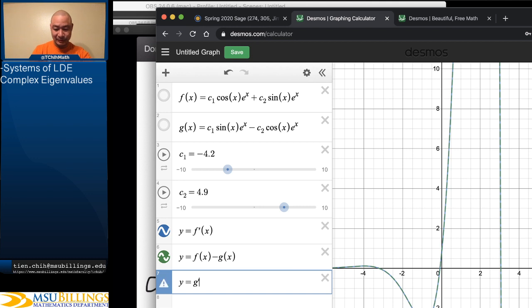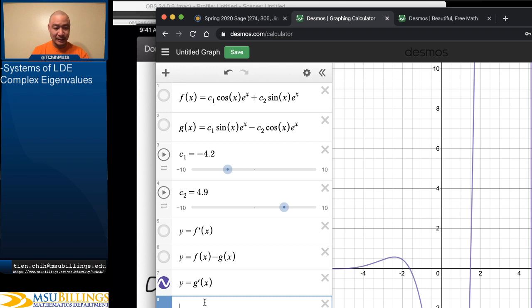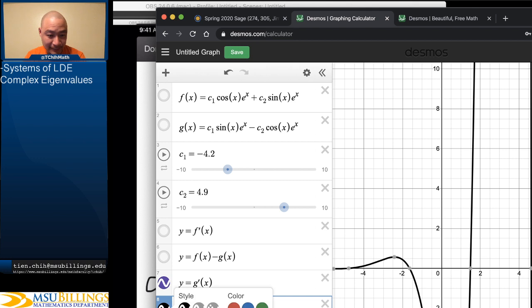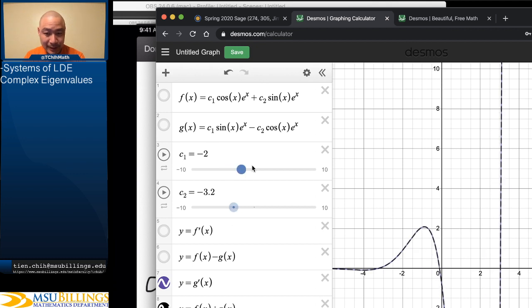The next thing to check then would be g prime of x, so let's uncolor those, and let's compare that to f of x plus g of x. And again, that looks like it falls right on top. Gonna go ahead and dash that. Yeah, and there we go.